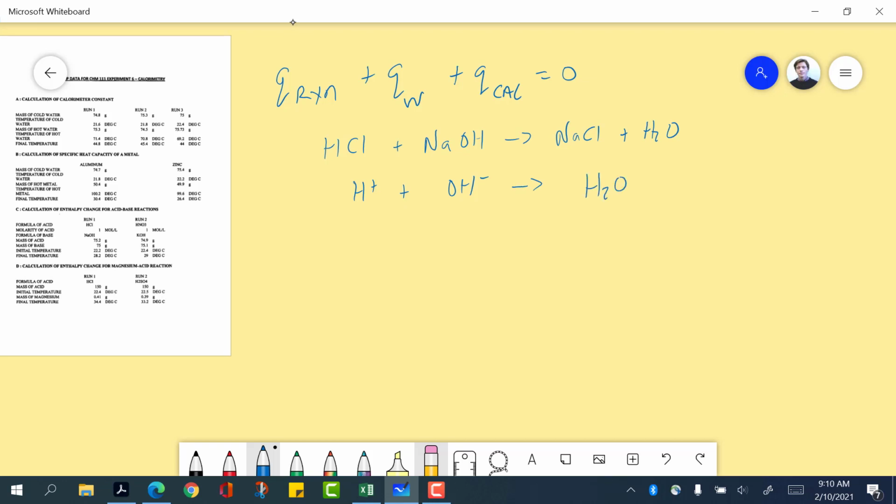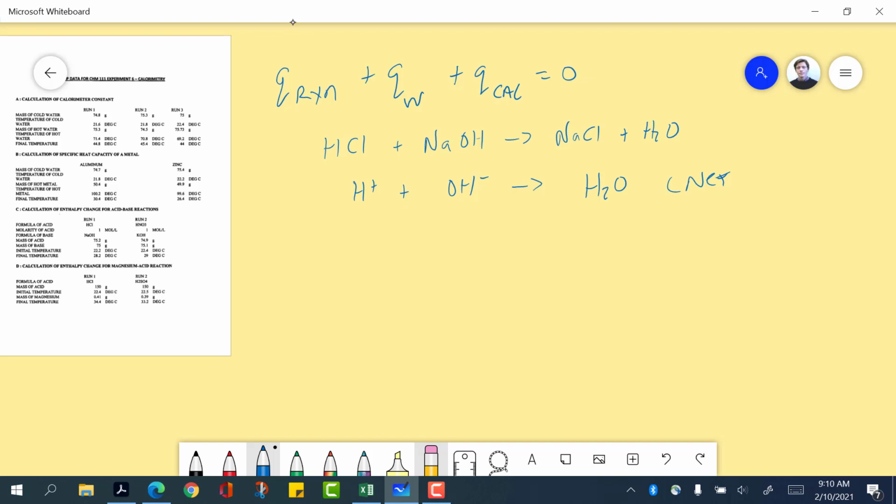All the other ions in solution, like sodium and chloride, they're spectator ions. So really, this is the overall reaction for any strong acid base. Okay, so that's the net ionic reaction, and that's what we're determining really the heat of reaction for here.